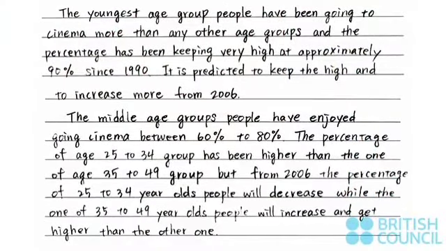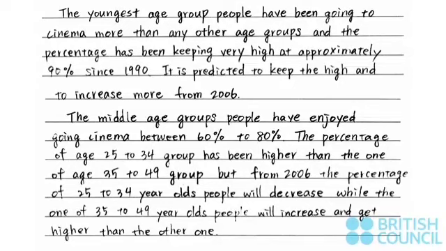They've dealt with the youngest age group, and they talk about how the percentage has continued to stay high since 1990. And they also say it's predicted to remain high after 2006. So they've addressed the young age group, and all the years since 1990 going up to 2006.